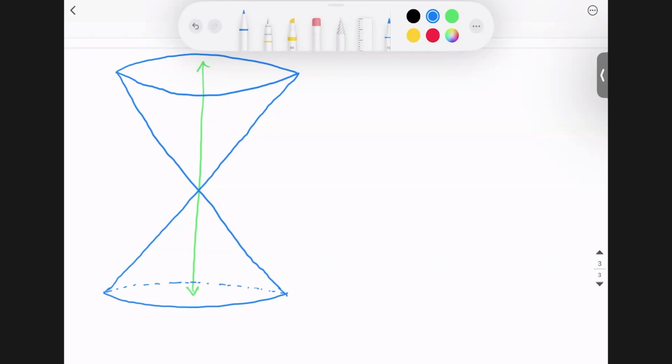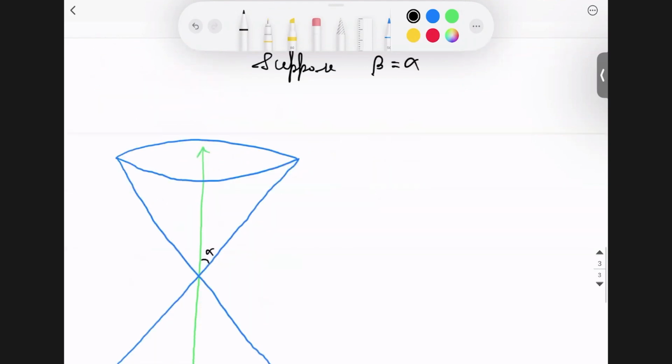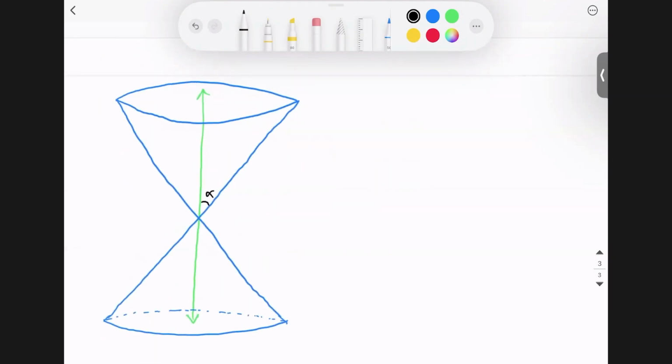Okay, and in that case, here alpha is this angle, and the plane is also at the same angle alpha. The plane makes the same angle with the axis. In that case, this plane should be parallel to this line. Why? Because this line makes an angle alpha with the green line, and the plane is also making an angle alpha with the green line.